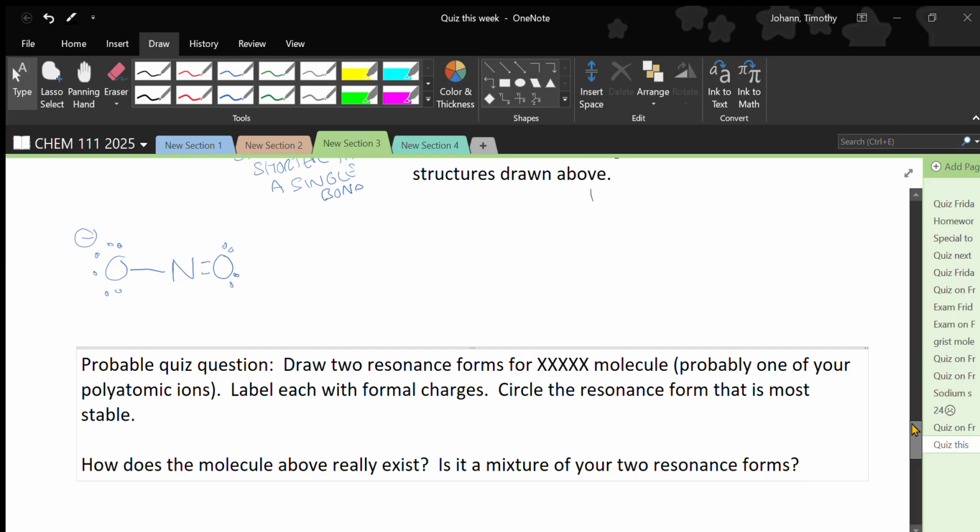Okay. Like I said, that's like a whole bunch of your quiz right there, because it tests a pile of different things, right? Can you draw Lewis dot structures? Can you do it with polyatomic ions? Can you do formal charges? Can you recognize that the lowest number of formal charges is the most stable?